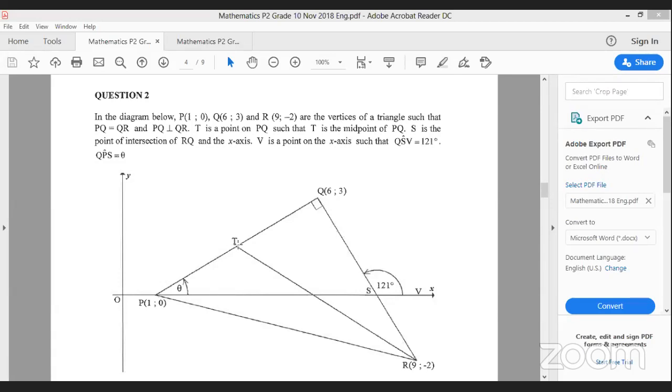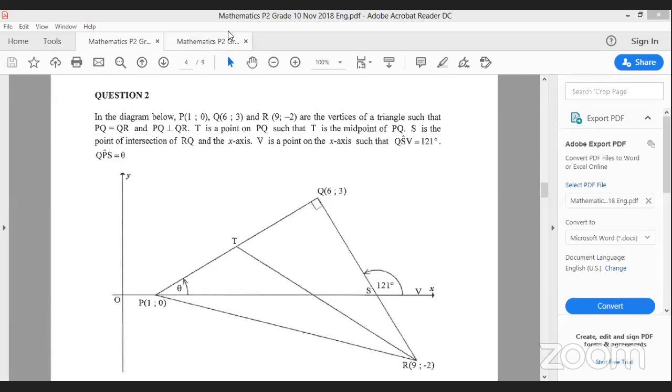So we know that PQ and QR are equal. You must also know this sign, guys. The sign that has a T, the T that is facing downwards.